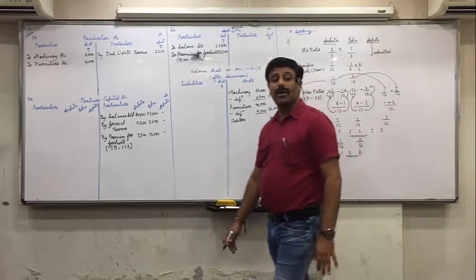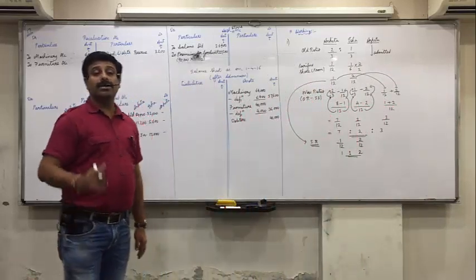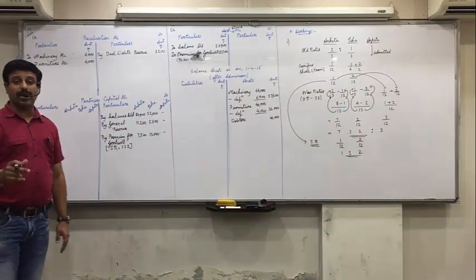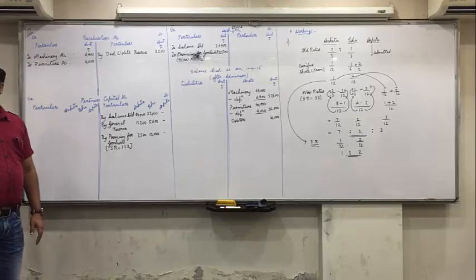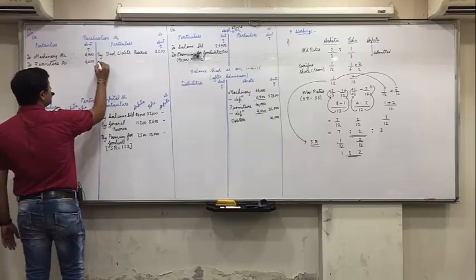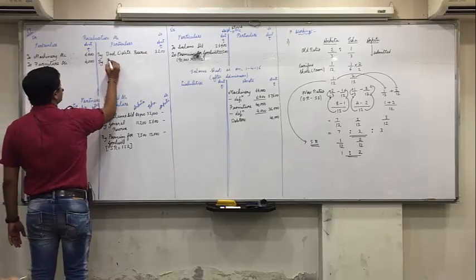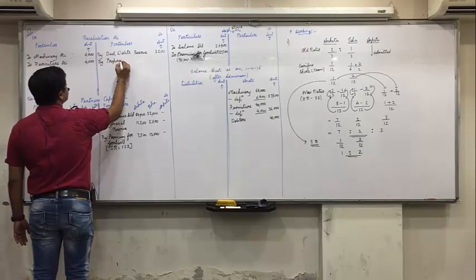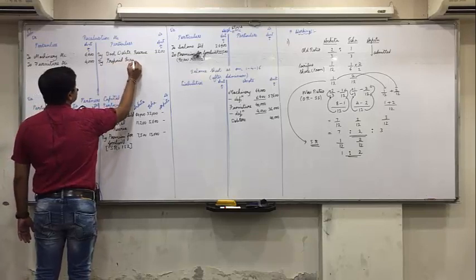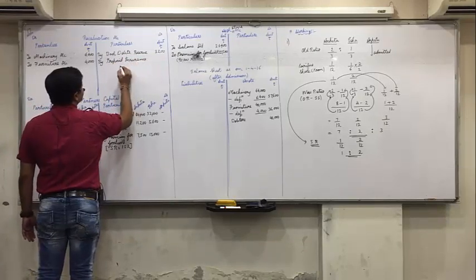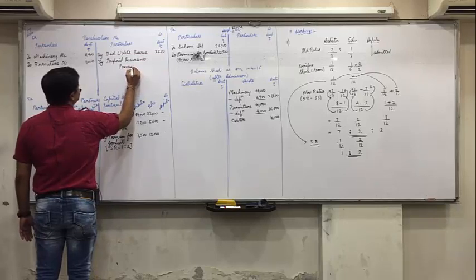Underline carried forward and write down prepaid, means it is for the next year. 2,400 is prepaid for the next year. So prepaid insurance premium to revaluation, means credit side by prepaid insurance premium 2,400.